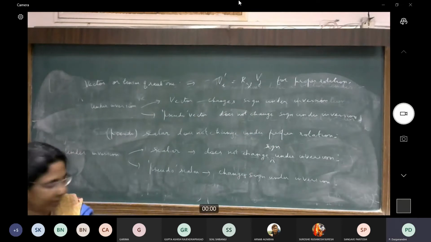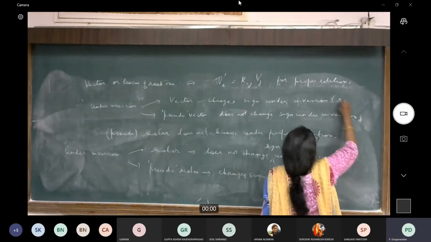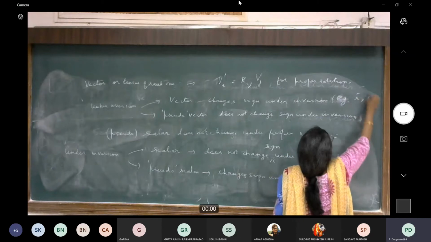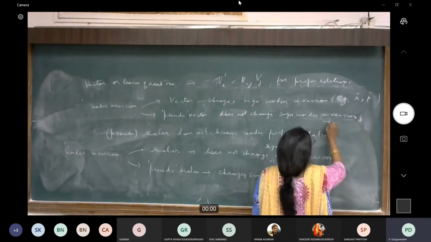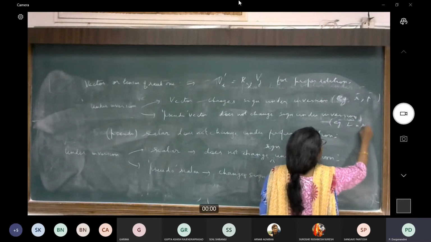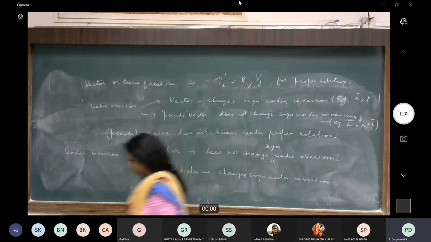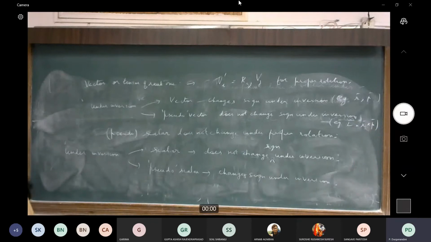All right. Examples of the normal vector are the position vector, momentum vector, and so on, whereas for the pseudo vector, the example is the angular momentum vector.